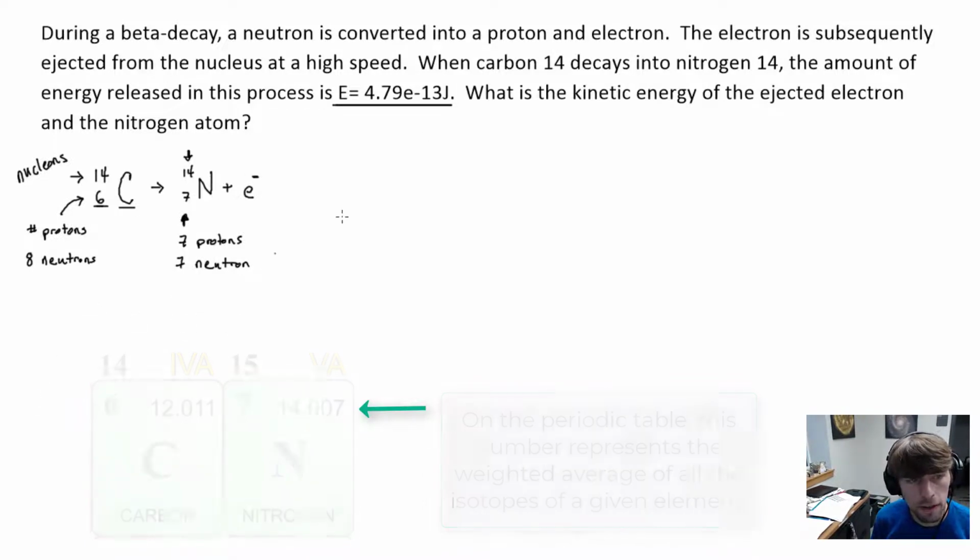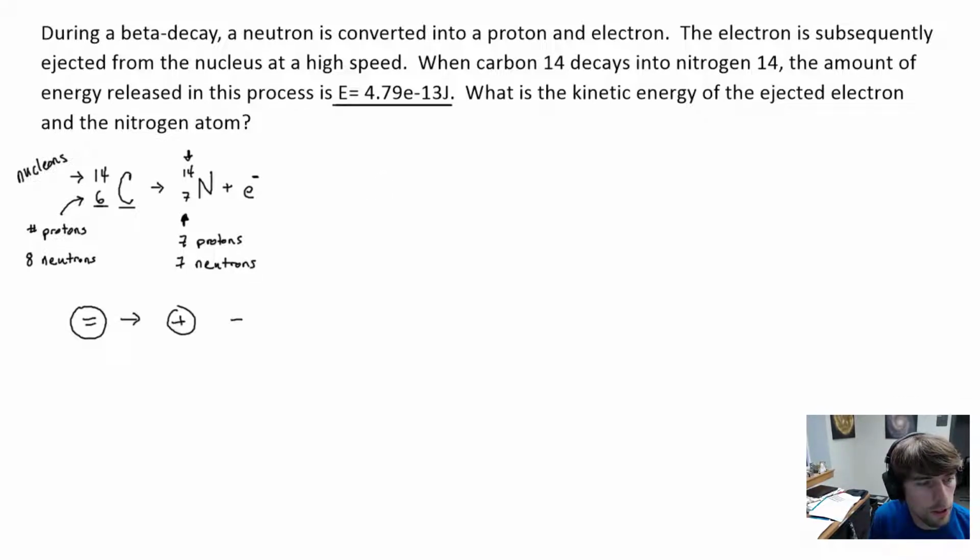So now let's see. We have a collision process in reverse. Actually, maybe I shouldn't have erased it, so I'll put it back up here. But you see what we actually have here is a collision process in reverse. We have a stationary neutron, which ends up turning into a moving proton and a moving electron. So that should hint at us what exactly we want to do here. Okay.